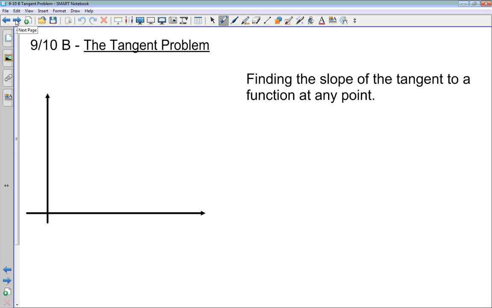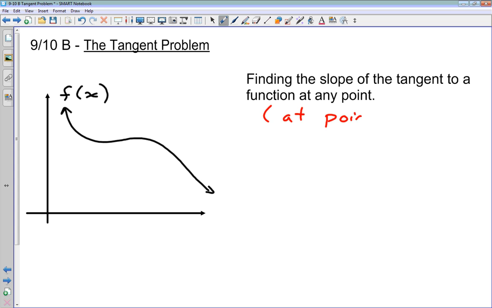So here's our situation. We've got some function, and it can be any old function at all. We'll call it f at x. And we want to find the slope of the tangent to this function f at x at some point. Let's just say that the point where we want to find the slope of the tangent is x equals a.